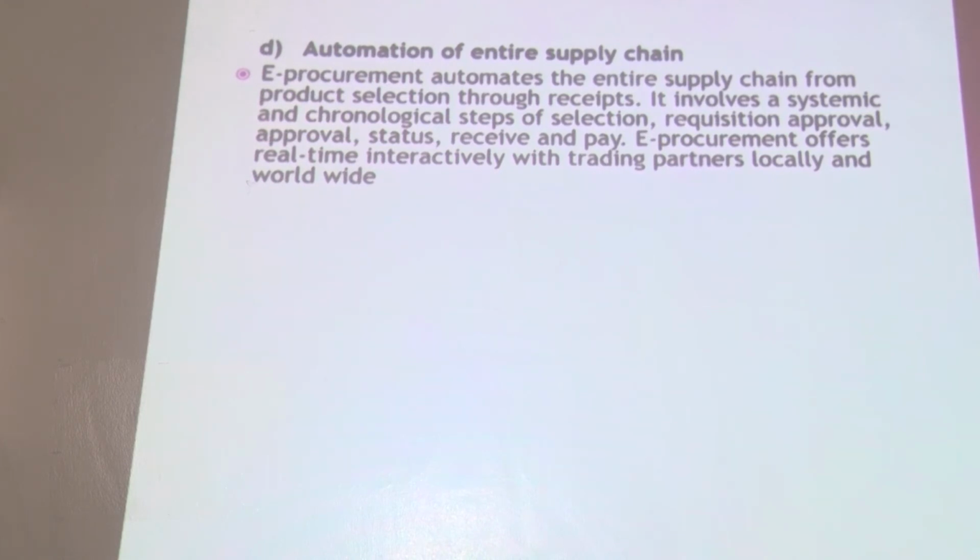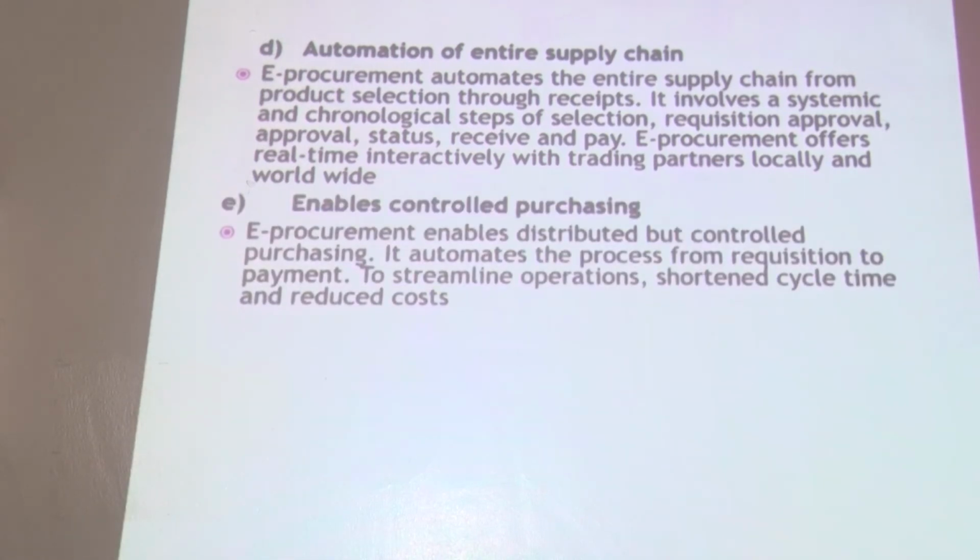So you realize you're able to do procurement end to end from the supplier side up to the end customer using e-procurement. So basically e-procurement interacts or integrates the end-to-end steps when it comes to procurement. It also has enabled the controlled purchasing. So companies are able to control their purchasing, in that it allows the distribution of controlled purchasing through automation process from requisition to payment.